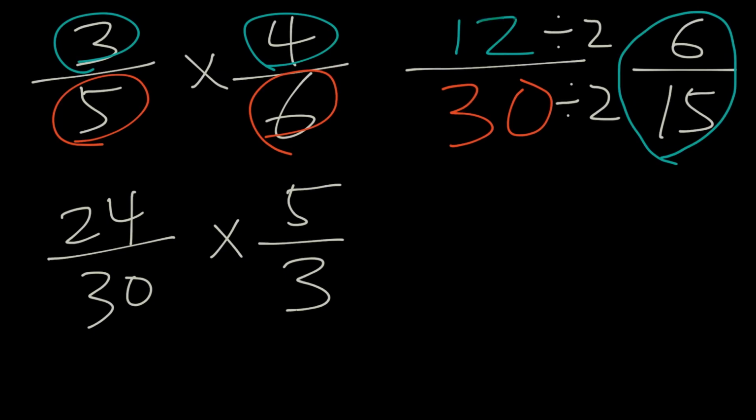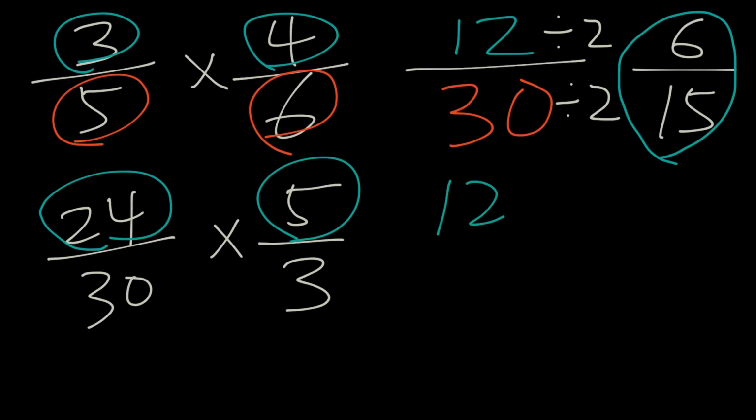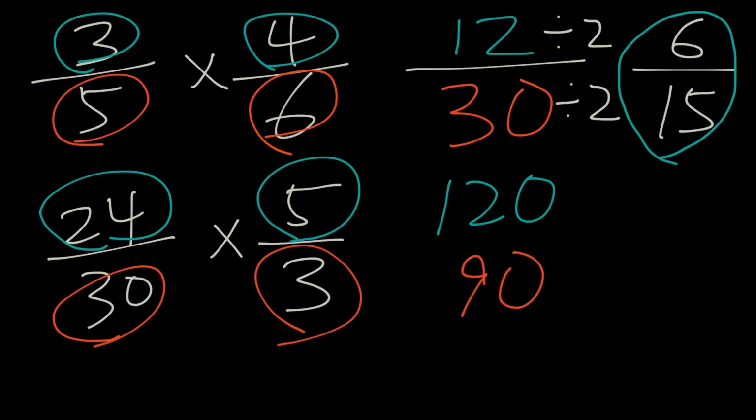Here is another example. By multiplying the same method, 24 times 5, the answer is 120. Now if we times the denominator, 30 times 3, that would give us 90. We can further divide this both by 3.